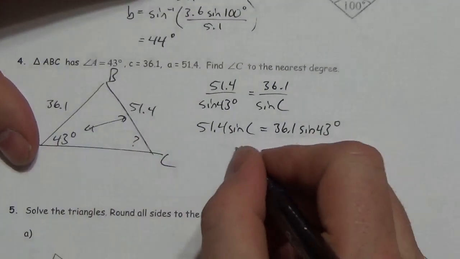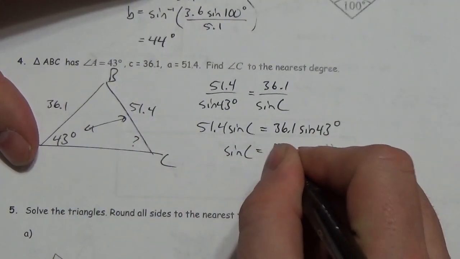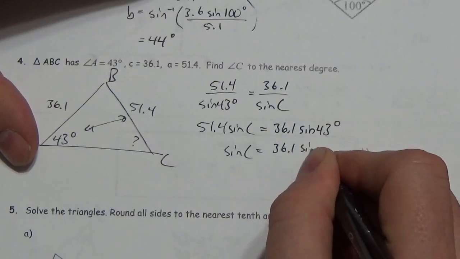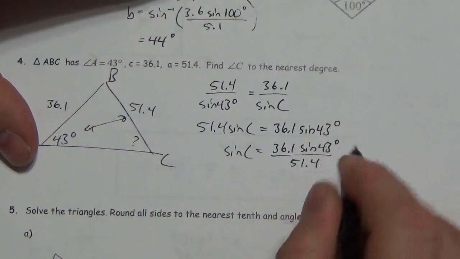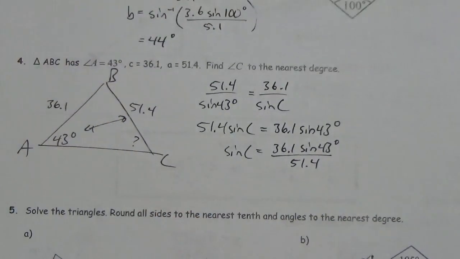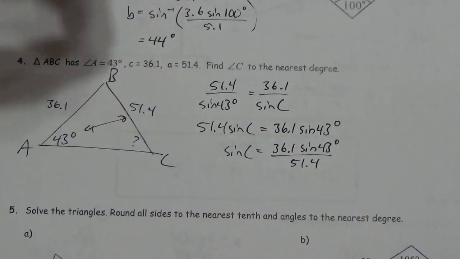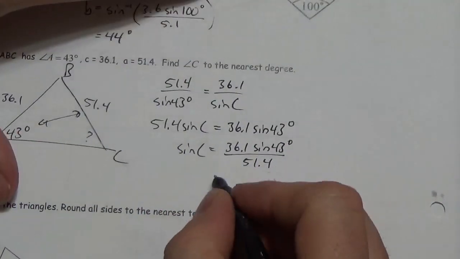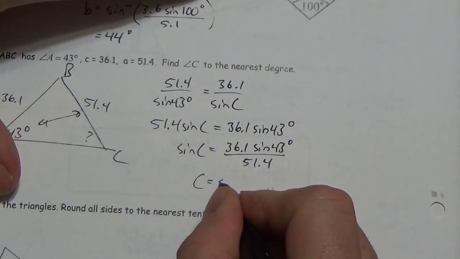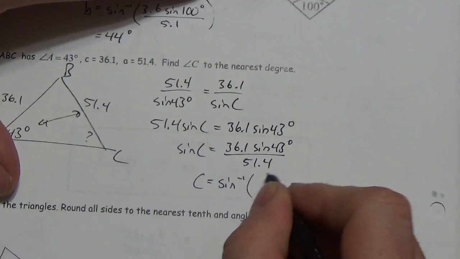And then I'm going to divide. So the sine of C will equal 36.1 sine of 43 degrees divided by 51.4. But once again, because I'm looking for the angle, that's not my final step. My final step here is going to be to take the inverse sine of that.